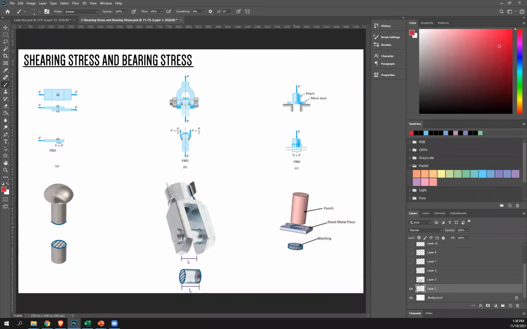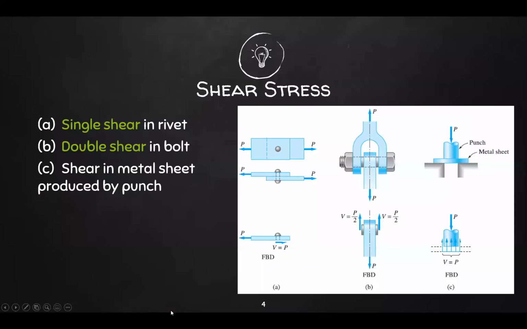This is your punch. If you punched a hole through, this is what will be removed. And therefore, this area is your shear area. Once again, if you can analyze, that is simply the perimeter of your circle multiplied by the thickness of your plate. So those are your types of shear.